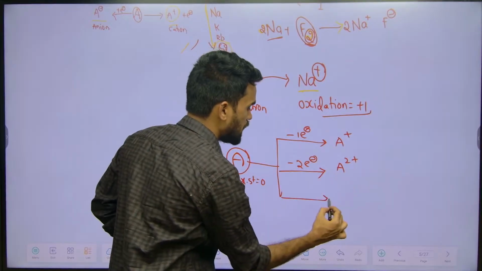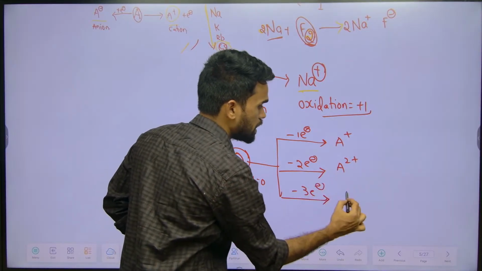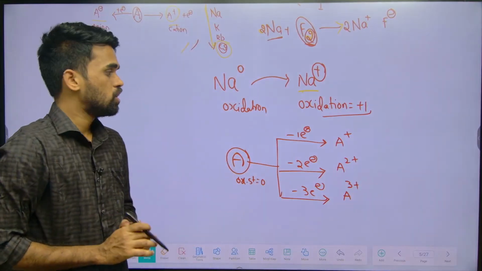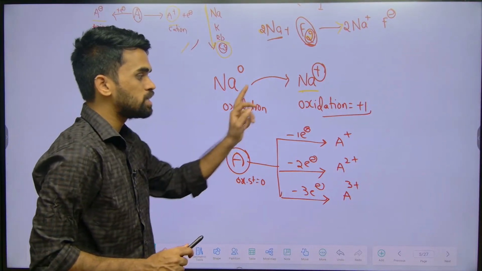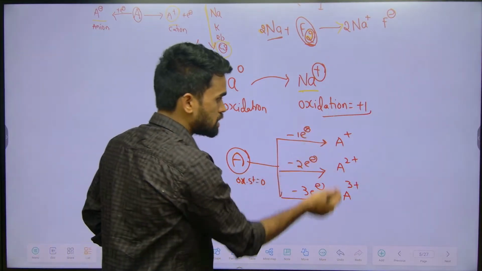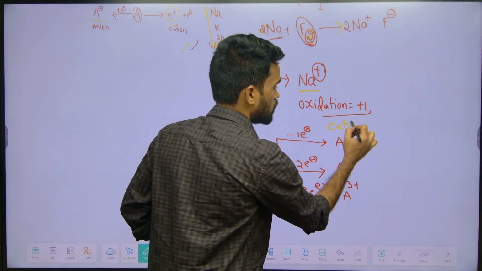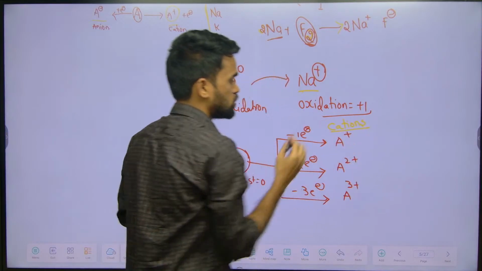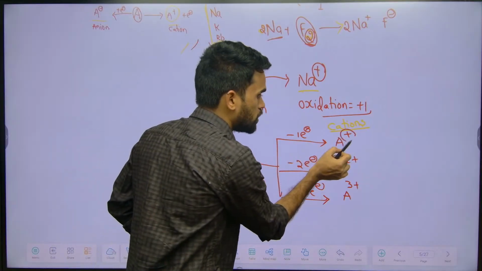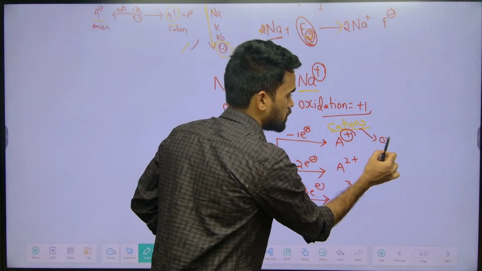If it is losing 3 electrons, you should write it as A3 plus. Like this you need to write. So an atom after losing electron becomes an ion. Which ion? Cation. So all these are cations. Okay. Now in the cationic state, for an element existing in the cationic form, whatever the charge present on it will be its oxidation state.